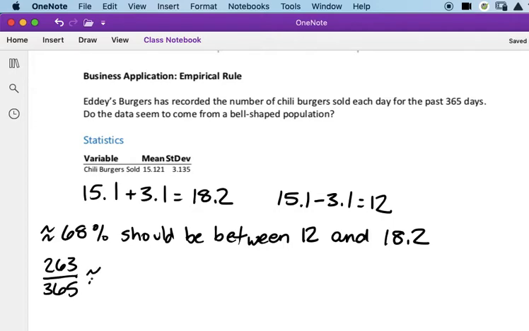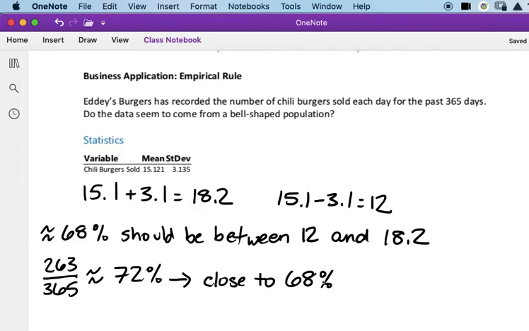And if I do that, I get about 72%. Now, 72% is not exactly 68%, but it's pretty close. If it's within 5%, I would say that that's probably close enough. So I would say this is close to 68%. So between one standard deviation of the mean checks out.